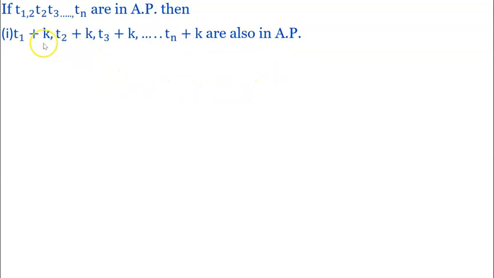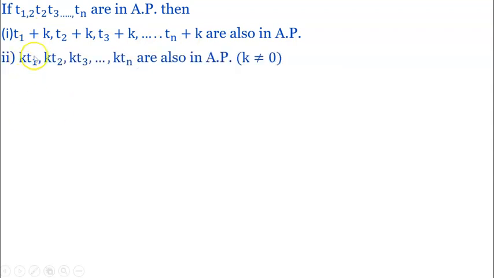If we add the same element to each term, then the new sequence is also in AP. Next, KT1, KT2, KT3 up to KTn are also in AP, where K is not equal to 0.